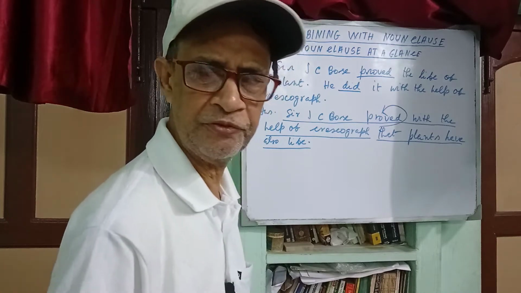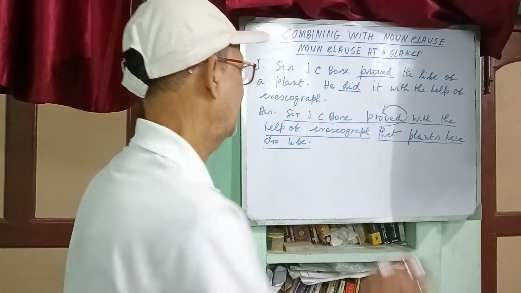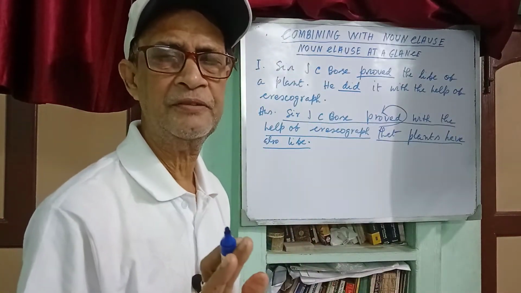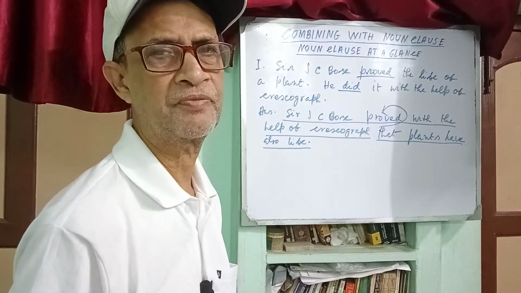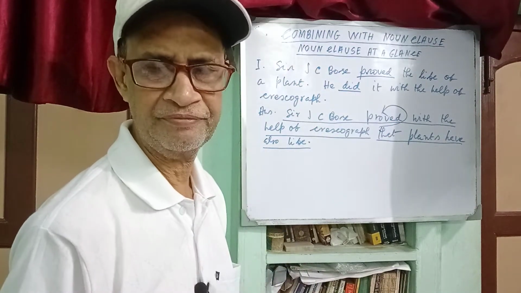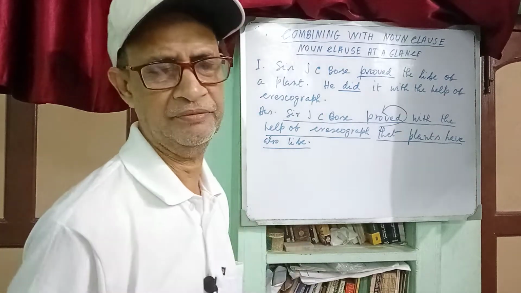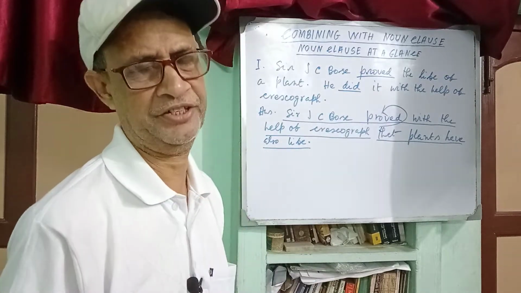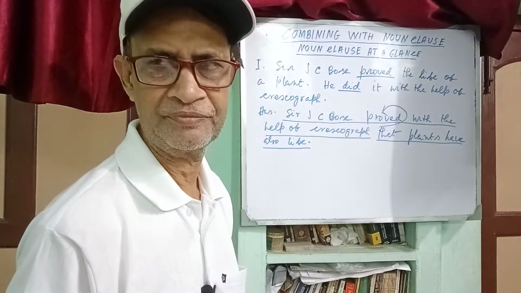What did he prove? He proved that plants have also life. Ask the finite verb of the principal clause with what, and it will give you the answer directly, and this answer is object.